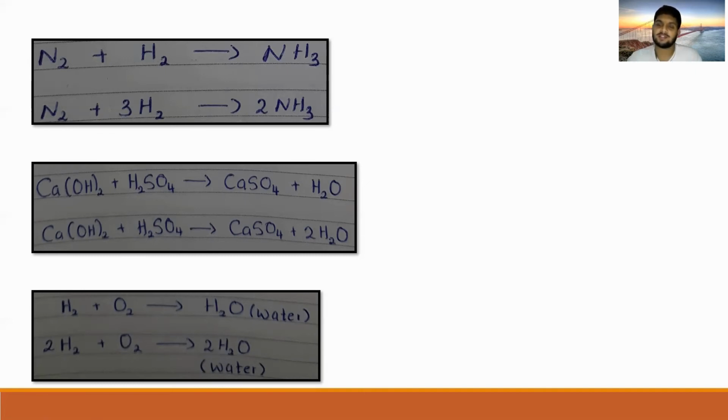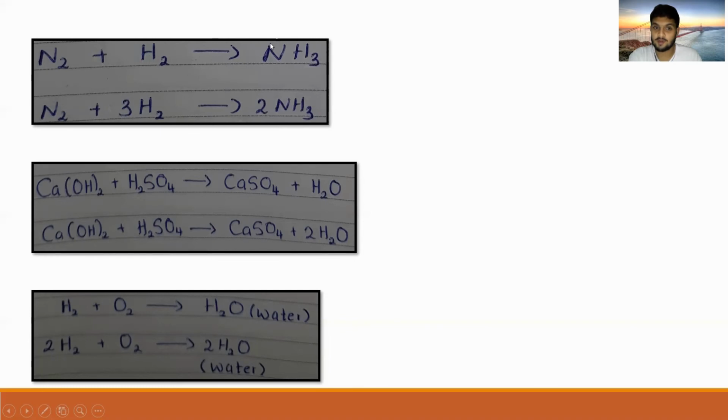So let's avoid the fractions. Here you have 1 nitrogen, here you have 2 nitrogens. So simply multiply this whole compound by 2. When you multiply this whole compound by 2, you get 2 nitrogens and 6 hydrogens. Remember that you get 6 hydrogens. Remember that very well. Okay.